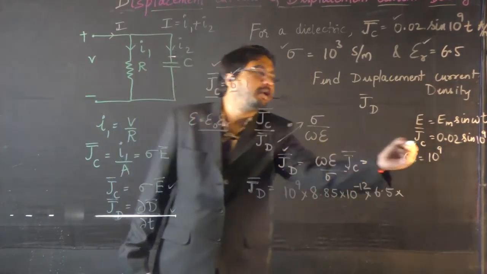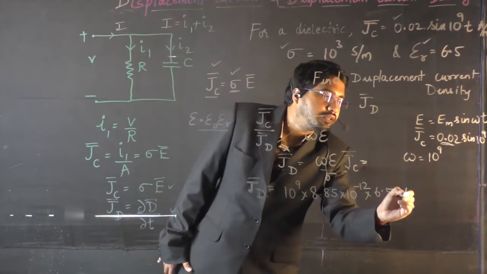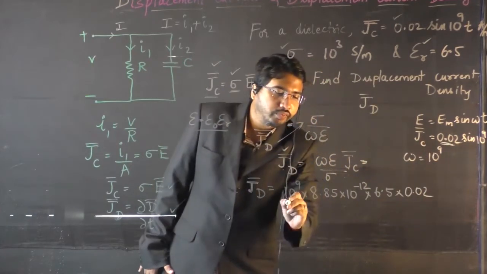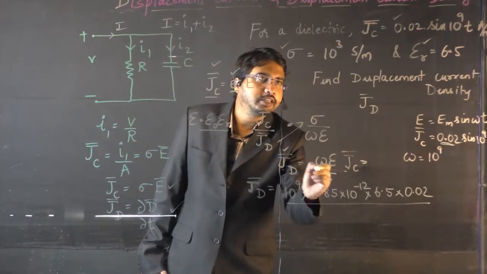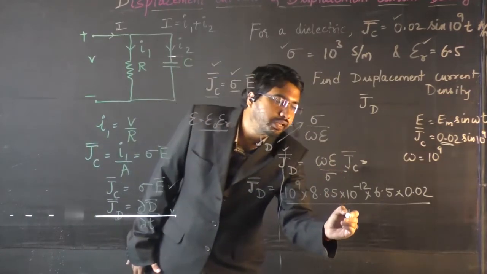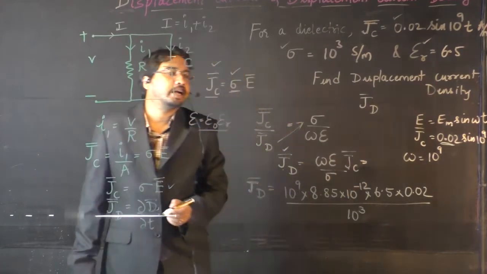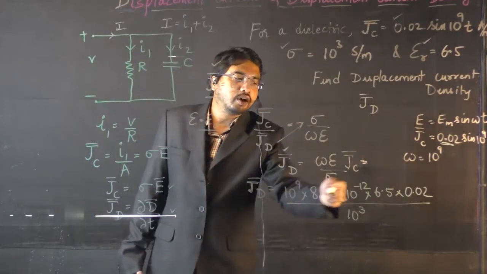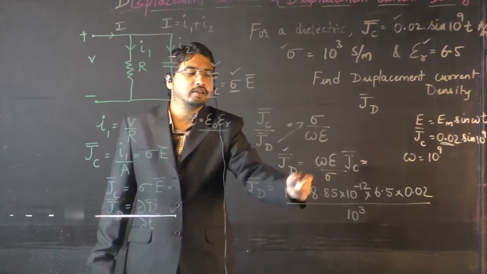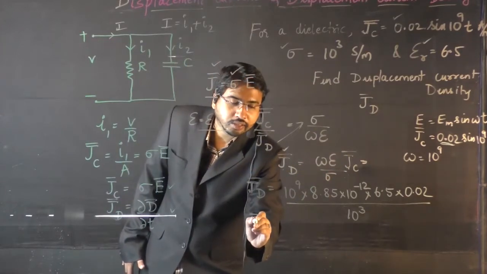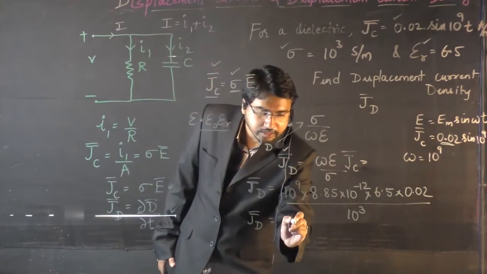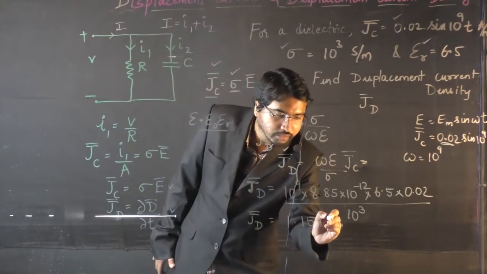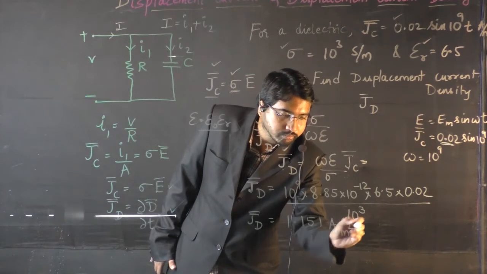Conduction current density magnitude is 0.02, divided by the sigma value they have given, 10 cube, the conductivity value. On substituting and solving all these values, finally we get the displacement current density as 1.151 amperes per meter square.